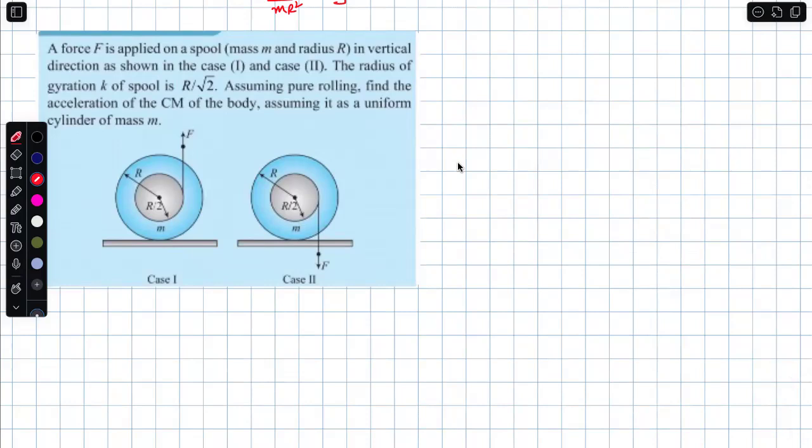Now, suppose there is no friction, for example, the tendency of rotation of this spool will be in this sense.